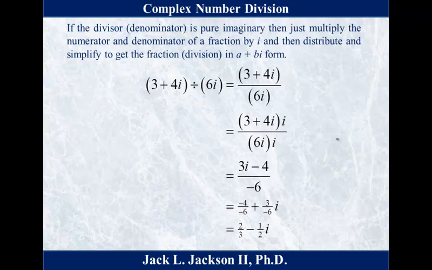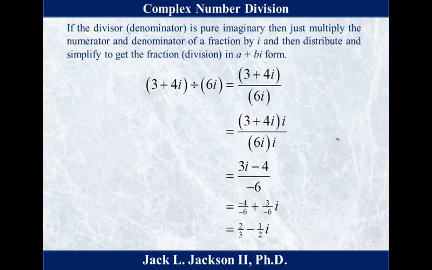So now we just have negative 6 in the bottom, and then it reduces to a problem like the last one we just worked. Notice this is legal to do because the fundamental equivalence property of fractions says these fractions are going to be equal if we multiply the top and bottom by the same thing. Or another way to say this is we're just multiplying by 1 in the form i over i, and i over i still is 1. Anything divided by itself is 1 except for 0 divided by 0.